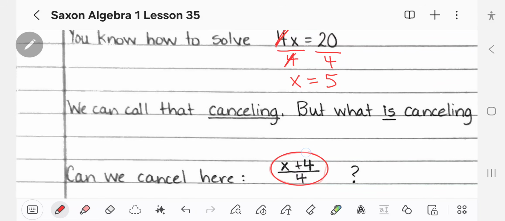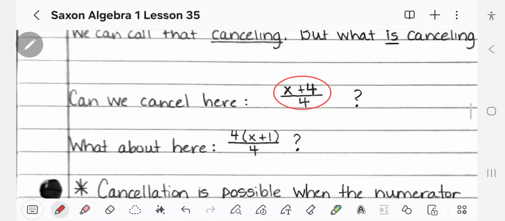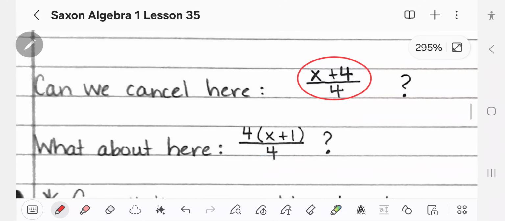So I've shown you where you can cancel, and I've shown you where you can't cancel. Let's try to hone that in a little bit more. Let's look at another example that looks very similar. In this example, they have 4 multiplied by x plus 1. So here's a factor. Here's a factor. Looks kind of strange because that factor has 2 terms, right? And then we have a number in the bottom. Now we could say that that's like times a 1, right?